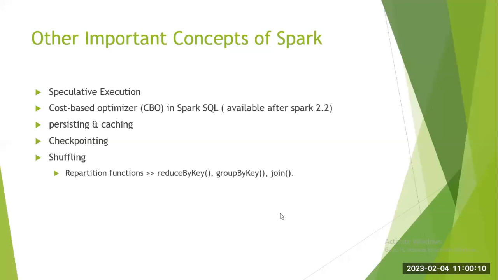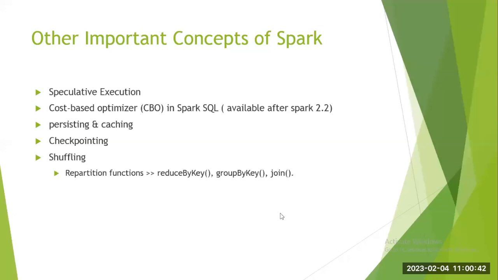So Sagar is asking what is a blacklisted node in Spark? Is it similar to a blacklisted node in Hadoop? So basically, Sagar, blacklisted means that if multiple tasks are failing on a particular node, then that node gets blacklisted, and then Spark or you can say YARN will not assign any container on that particular machine.